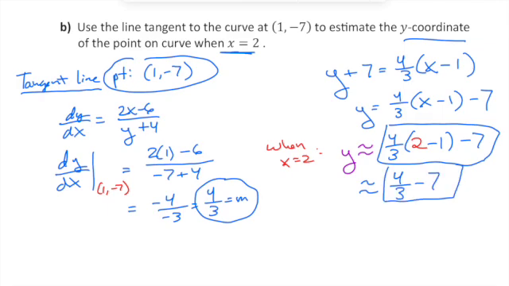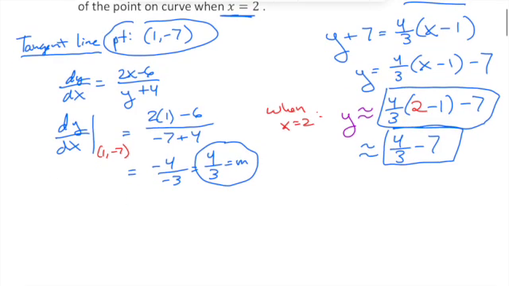You could leave your answer like that, or make a common denominator and do 4/3 minus 21/3 and get -17/3. But in any event, the y-coordinate on the curve would be approximately -17/3. That's the y value you got from your line, and that's our best estimation of what the curve's y value would be. Okay, let's talk about part C now.